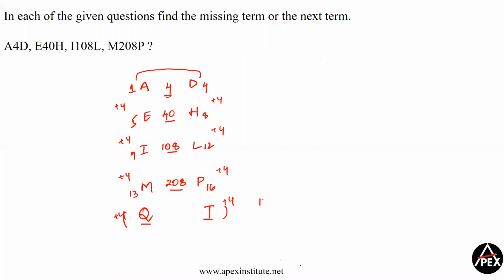So this will be 17 into 20, 340. So 340 should be the answer for this question. Clear, guys? Quick responses. Yes. Okay. Moving ahead.